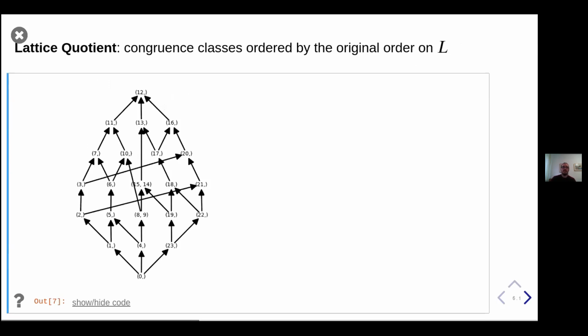Now let's think back about geometry. We applied this to the weak order. We can apply such a congruence to any lattice of regions, and we may ask now what happens geometrically in the arrangement, because each number here is representing one region of a hyperplane arrangement. So as every element of the lattice corresponds to such a region, each equivalence class now corresponds to a connected set of regions.